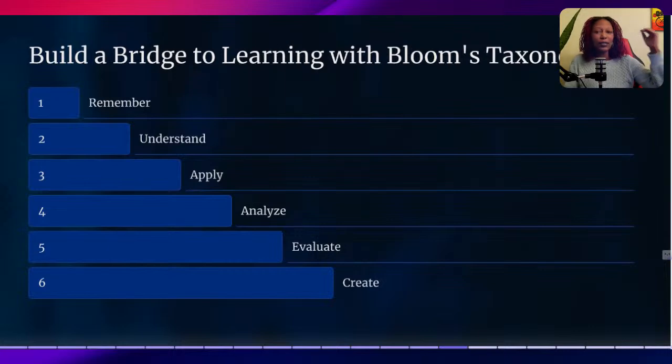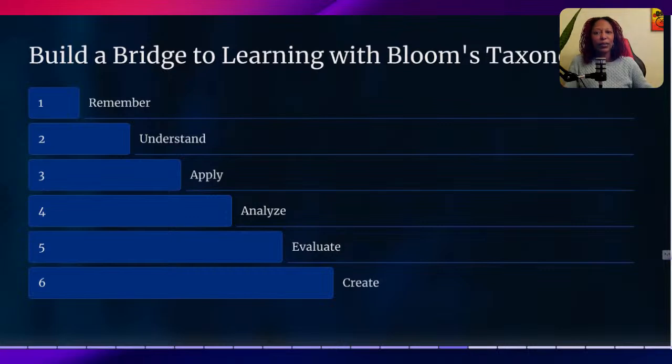The first level when you're building a course is remembering. This is the most basic level, when you're helping people to recognize or recall key facts. So if you were teaching definitions or listing steps in a process, that is the most basic level, the bottom level, remembering.